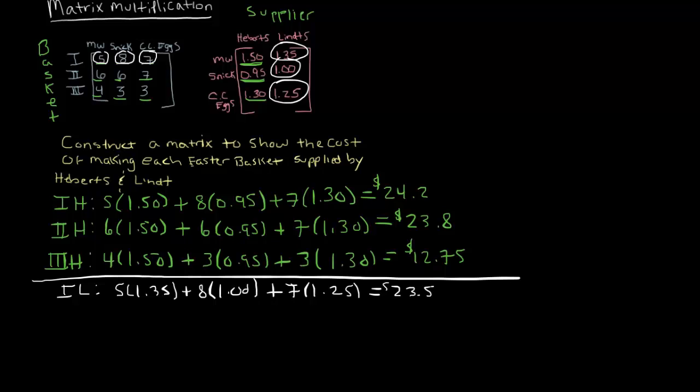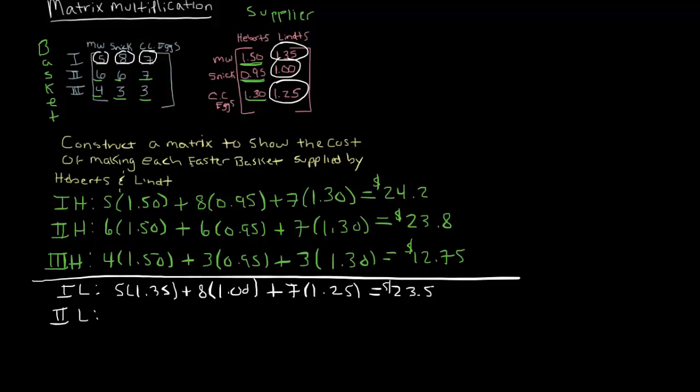$23.50. So what I want you to notice is, as I'm going across the row on the left-hand matrix, I'm going down the column in the right matrix, and I'm multiplying and adding, right? So I'm multiplying the entry in row 1 of the matrix on the left with the entry in column 1 of the matrix on the right, and then I'm moving across on the left matrix and down on the right one.